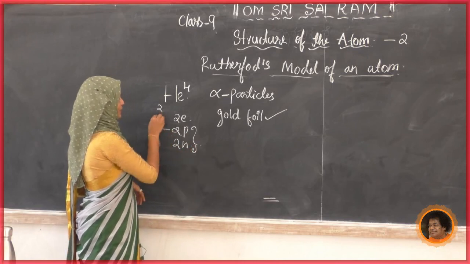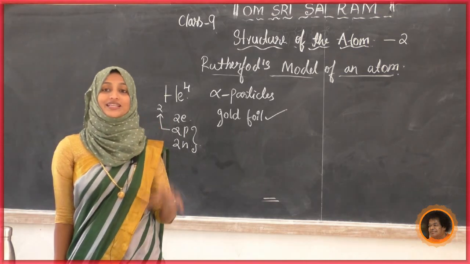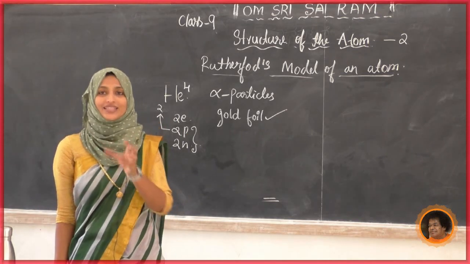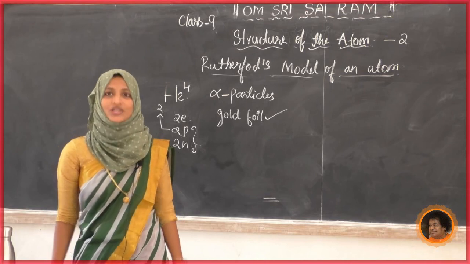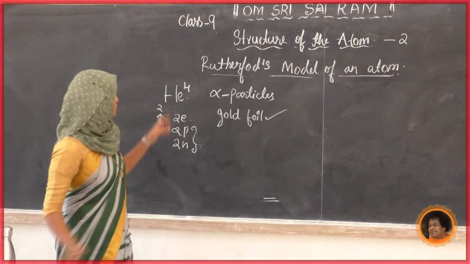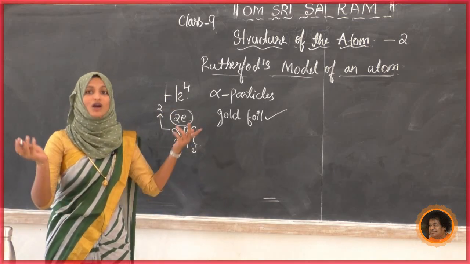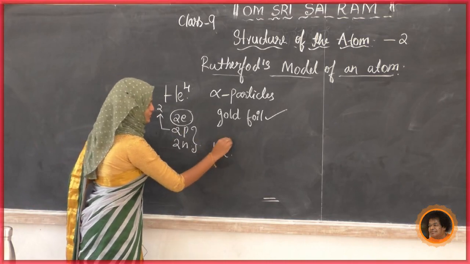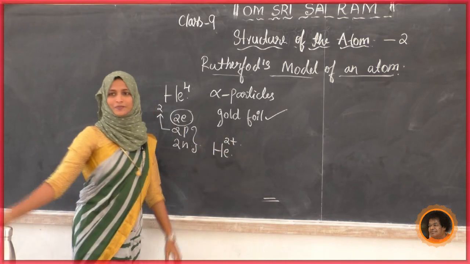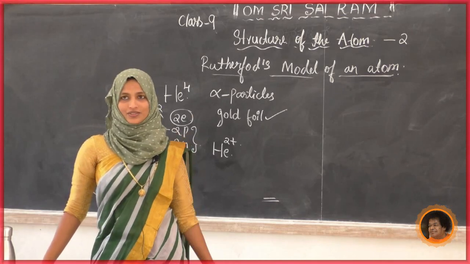The atomic number is the number of protons. What is the difference between the helium atom and the alpha particle? Here the electrons are removed. Electrons are not there in this helium atom, so we can write it like this: He 2+. They removed 2 electrons.